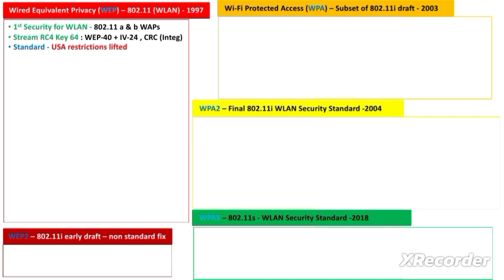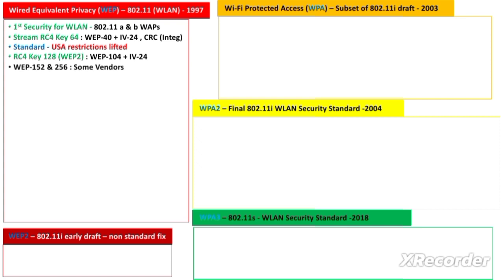So once these restrictions were lifted, the RC4 key was increased to 128-bit in WEP2. This is also known as WEP-104 because 104-bit was the key and the initialization vector was 24-bit, making it a 128-bit RC4 key, which was used to encrypt the network traffic.